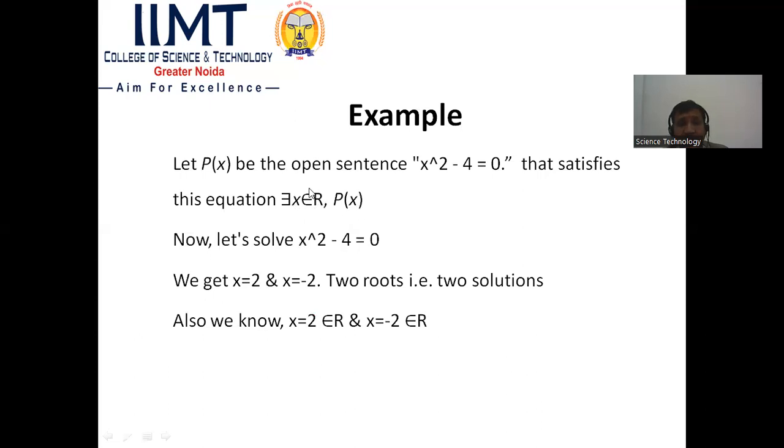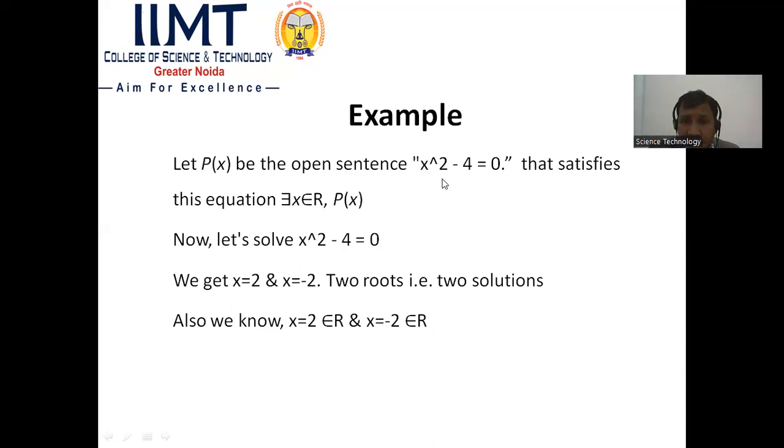That means we are saying there exists a real number which satisfies the formula P(x), that is, x squared minus 4 is 0.